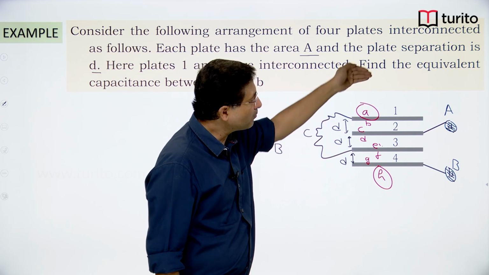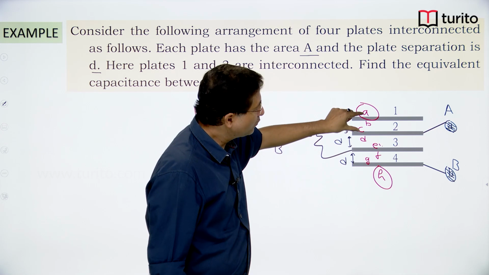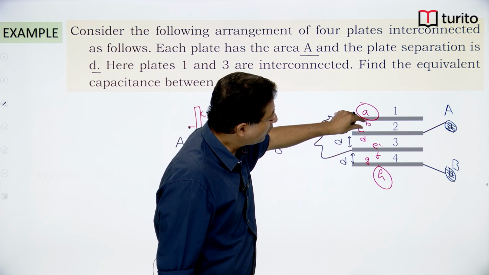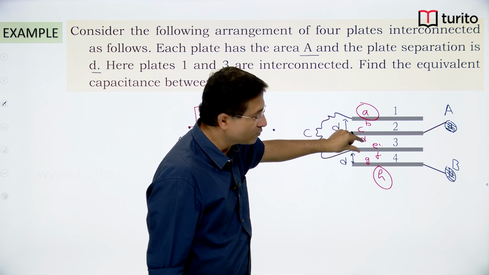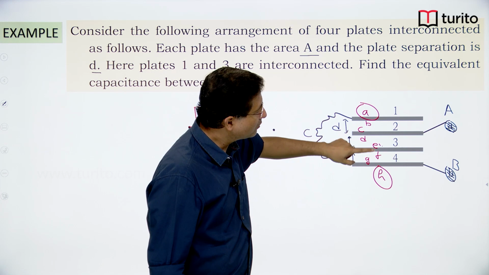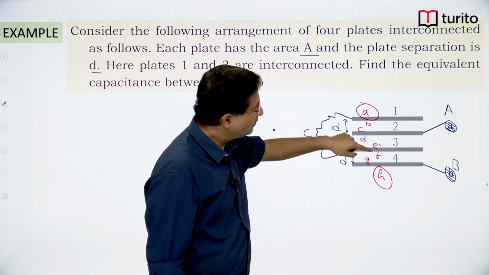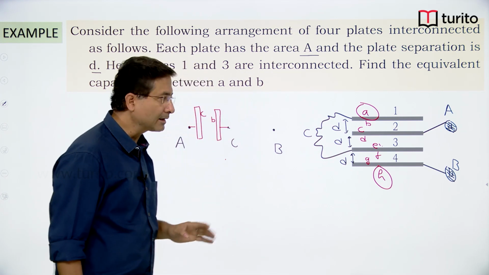If it is not part of any capacitor, we need not worry about these two, right. We are worried about the facing surfaces we have: these two, these two, and these two, right. So I will not draw a and h because they are not part of any capacitor, right.